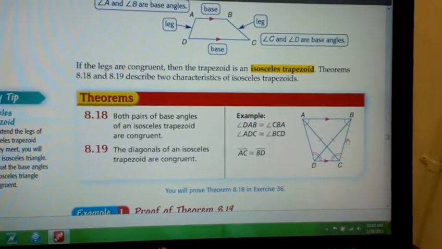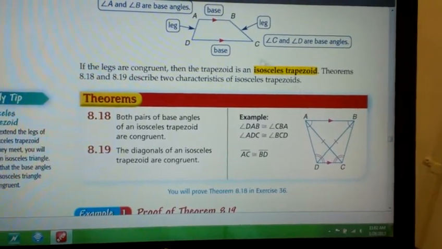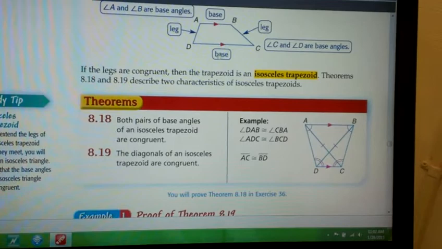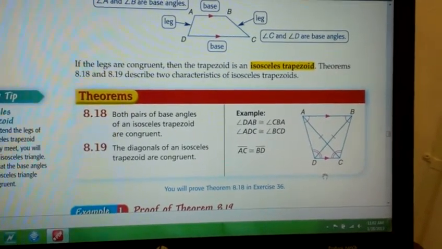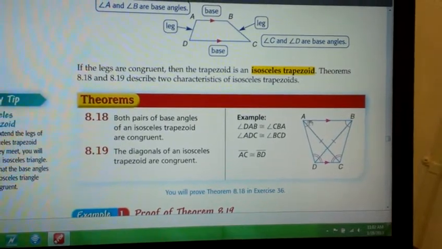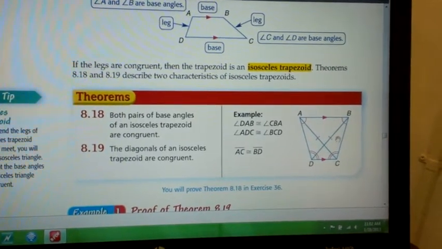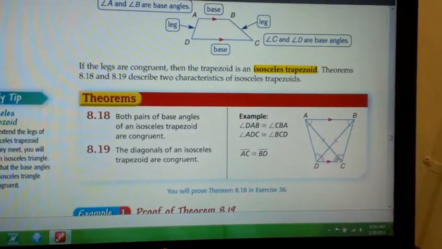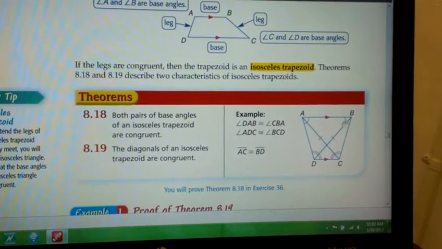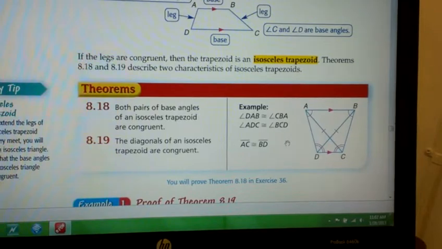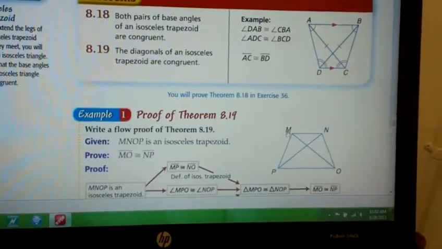Therefore, it's an isosceles trapezoid and not just your regular trapezoid. Knowing that, you should be aware that this base angle is congruent to this base angle, and that this base angle is congruent to this base angle, and that this diagonal is congruent to this diagonal.